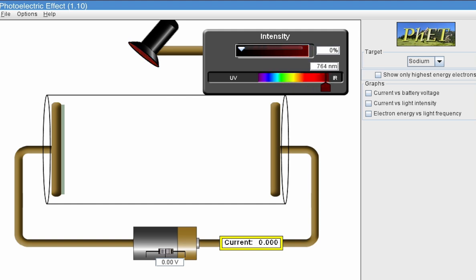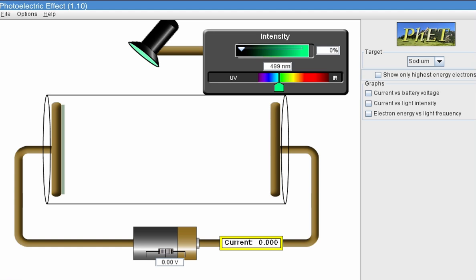This is a visible spectrum from red to violet. Then at this point we are having ultraviolet, and at the other end of red we are having infrared. But here between infrared and ultraviolet we are having visible light. So note the fact that even if I change the frequencies of light without having intensity being switched on, there won't be any electrons which will be ejected.